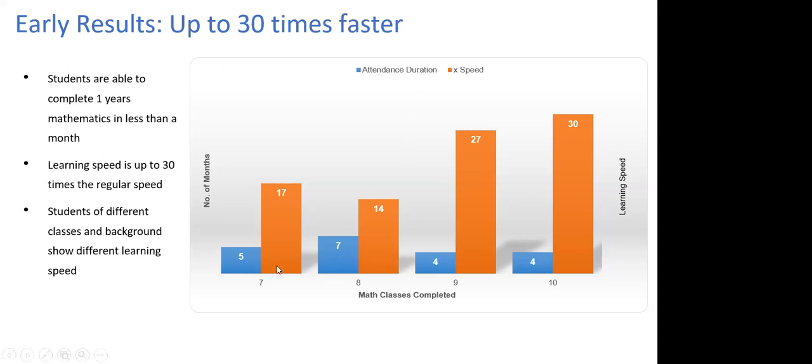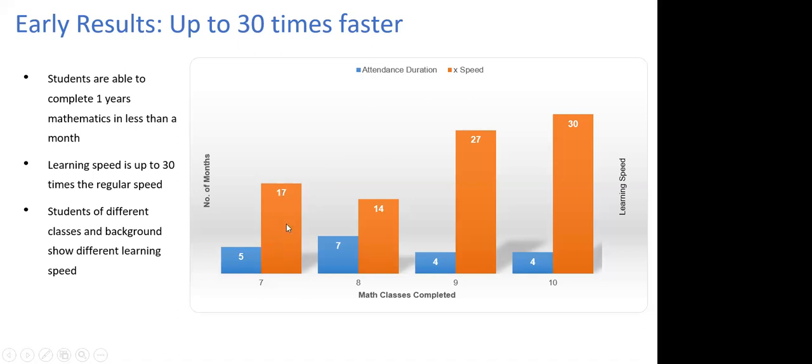So basically the blue bar is the attendance duration, meaning attendance in months, and the orange one is the speed.